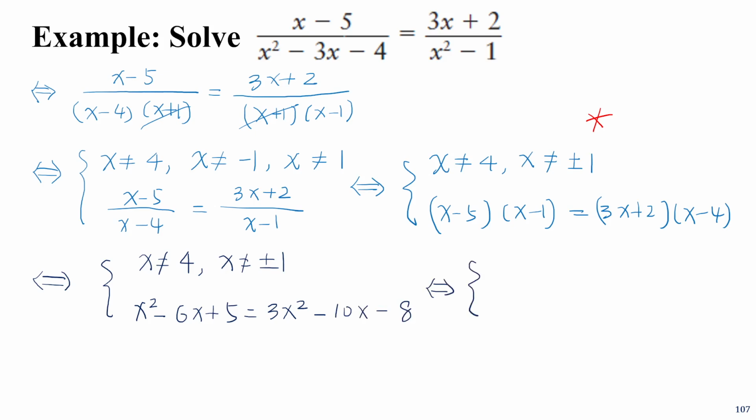And that's equivalent to, first x cannot be 4, x cannot be positive or negative 1. Simplify the second expression: 2x squared minus 4x minus 13 equals 0. Then you can try to solve this. This is actually a quadratic equation. We already know how to solve it, right? So let's call it star.